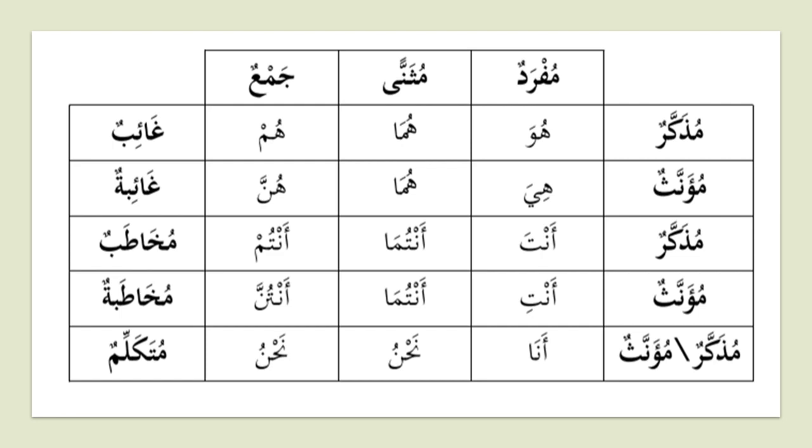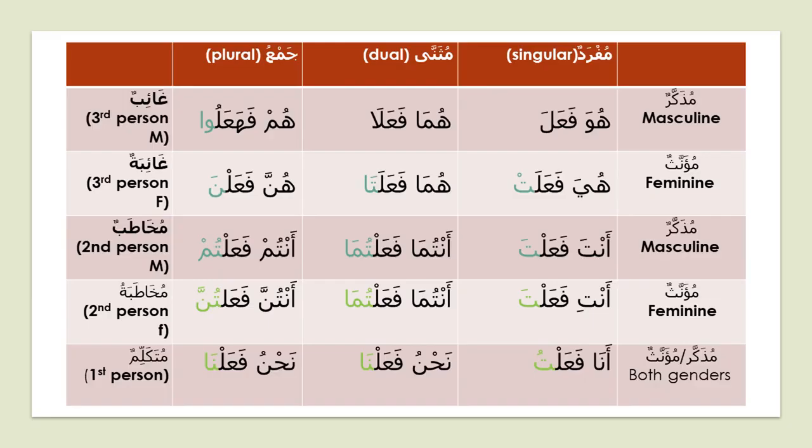If you go to the next slide, the pronouns, you can use them with the verbs. You can say huwa fa'ala, he did, huma fa'ala, they two did, hum fa'alu, they all did. Or you can use it as a normal sentence: huwa muslim, huma musliman, hum muslimun, hiya muslimatun. Example sentences: antuma muslimani, you two are Muslim.